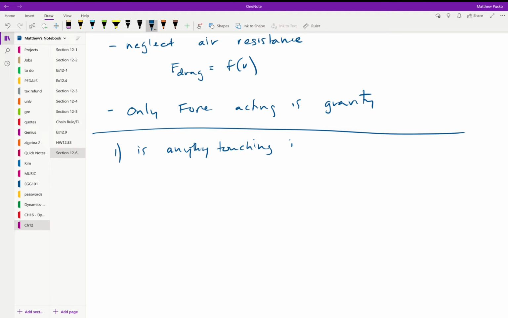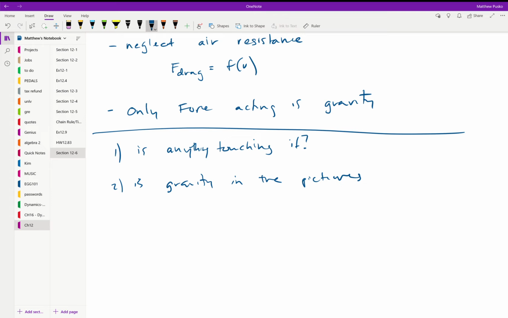And two, is gravity in the picture? That's all we need to work with for dynamics in this class. So is something touching it? Is friction touching it? Is a force applied? Is there tension on it? And is gravity in the picture? So when we do free body diagrams, we're going to do it as such.